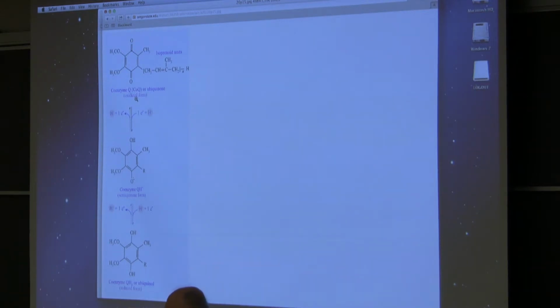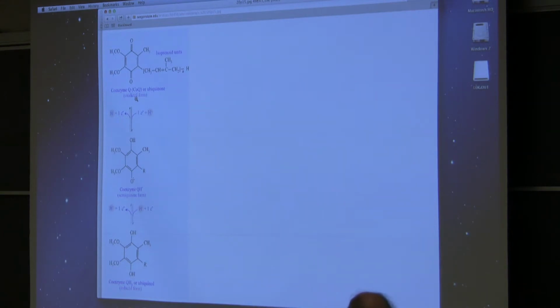And the answer is it's taking from both, but not in 4 electrons at a time. Keep in mind that we have hundreds or thousands of these in a given membrane. We like to think about this as this one goes to this one, goes to this one. But in reality, in a given inner mitochondrial membrane, we have thousands of these things. So one coenzyme Q might be taking from complex 1 when another is taking from complex 2. So don't worry about this goes to that, goes to this.